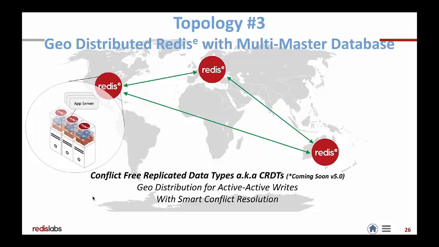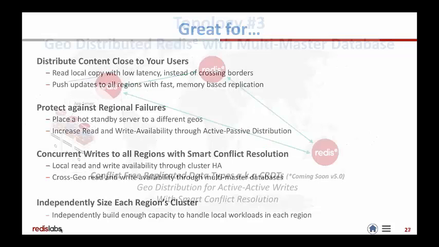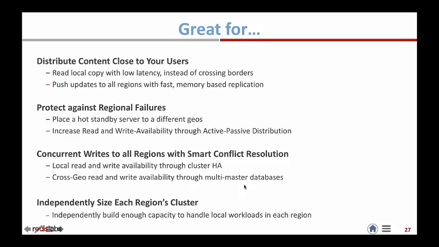And the CRDT technique that we talked about is the underpinnings of how we resolve the write conflicts and smartly achieve a consensus among all of the conflicting writes that are happening to the data. So this Multimaster database technology is great for distributing your content close to users.